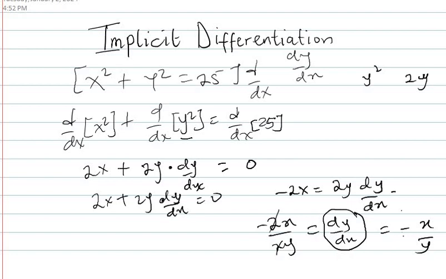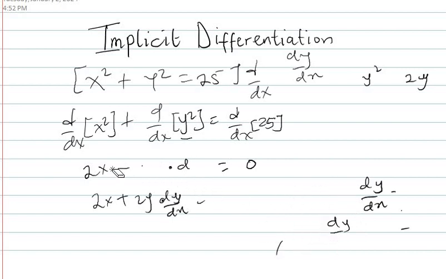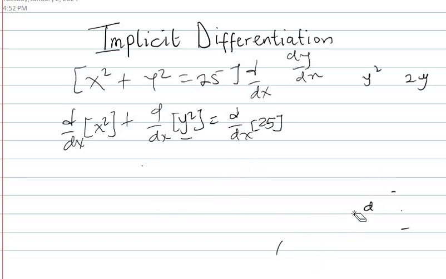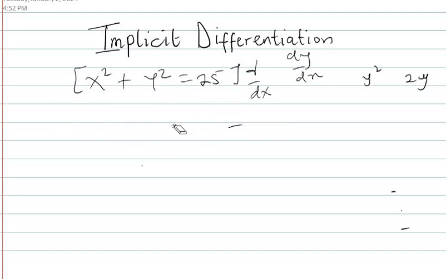So this is the procedure, but there's no need to waste your time doing all these steps. If you have an x component, you just differentiate it. If you have a y component, you just take the derivative of it and then multiply by dy dx.